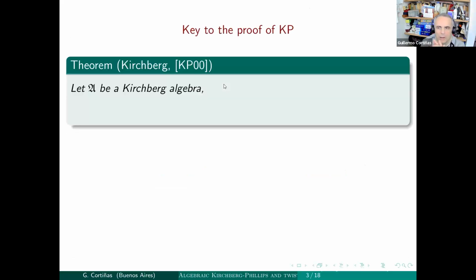One thing one could try is to adapt the argument of Kirchberg-Phillips to the algebraic case. A key to the proof of the Kirchberg-Phillips theorem are the so-called Geneva theorems of Kirchberg, which state absorption properties for Kirchberg algebras. Let's write tensor with the tilde for the C*-algebra tensor product. It doesn't matter which, because the algebras I will consider are nuclear.